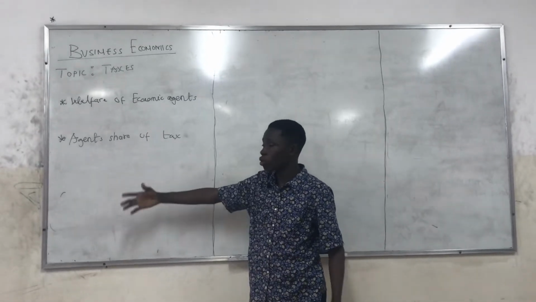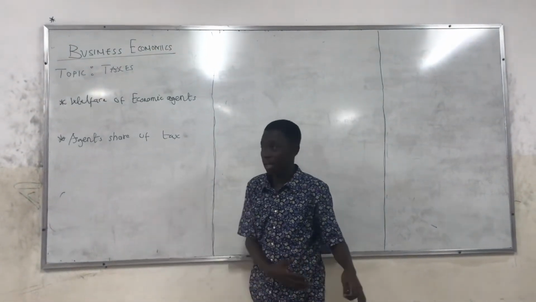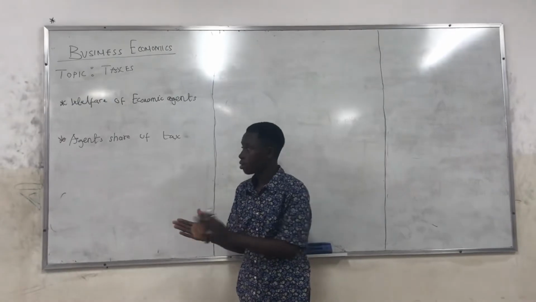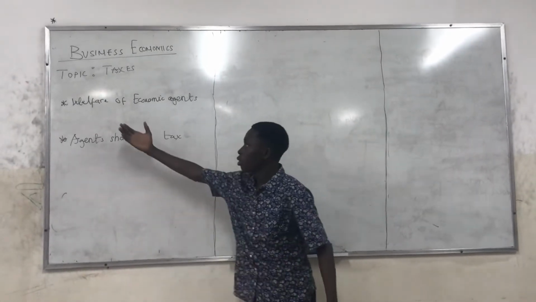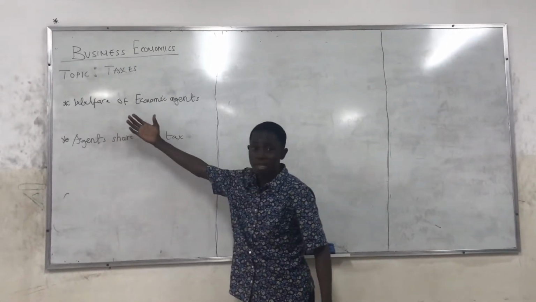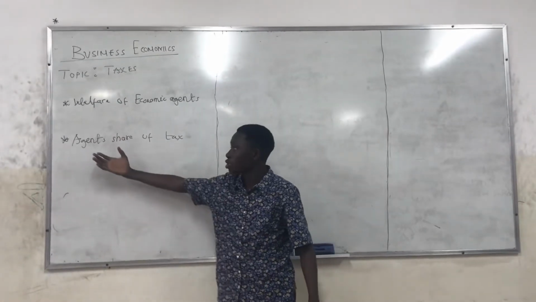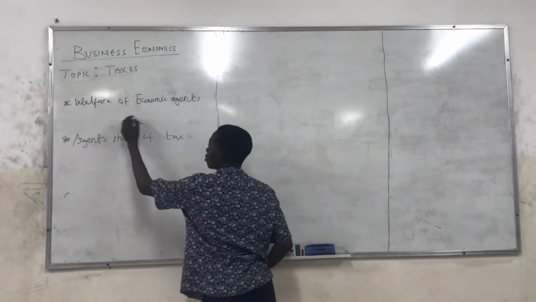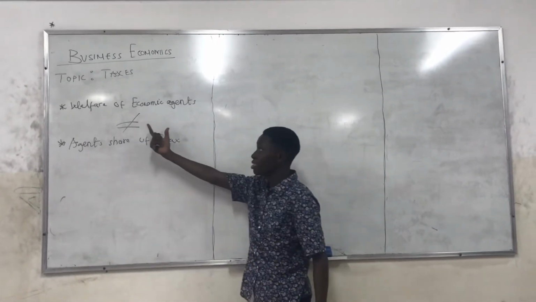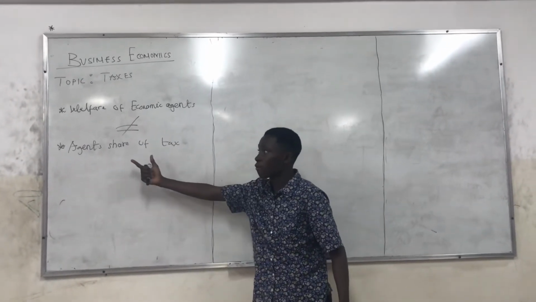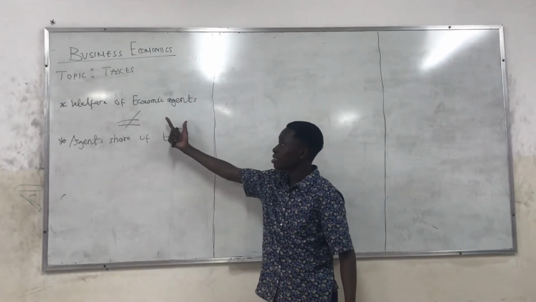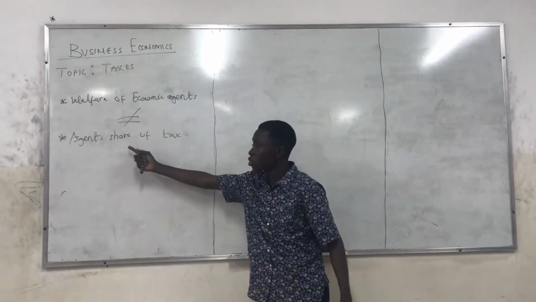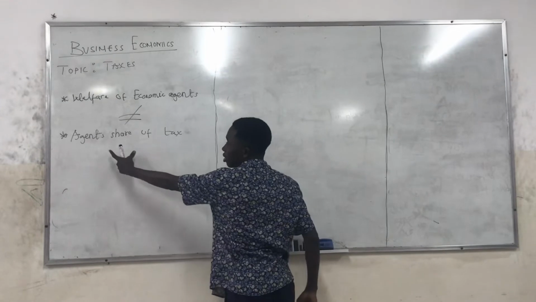The welfare of economic agents is actually different from the agents' share of tax. The agents' share of tax means consumer share of tax and producer share of tax. The way we calculate the welfare of economic agents is different from the way we calculate the agents' share of tax. So welfare of economic agents is not equal to agents' share of tax. Let's start with the agents' share of tax.